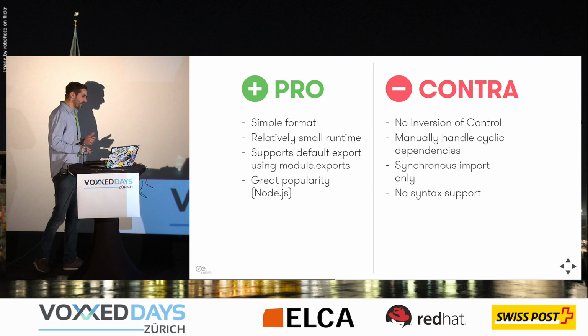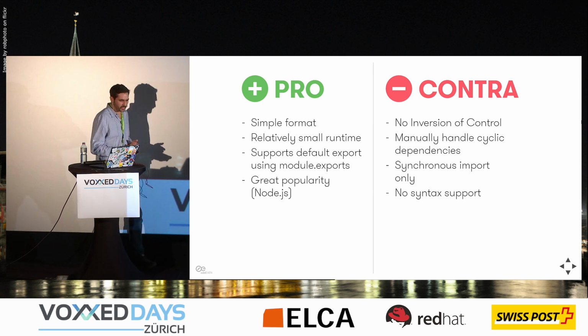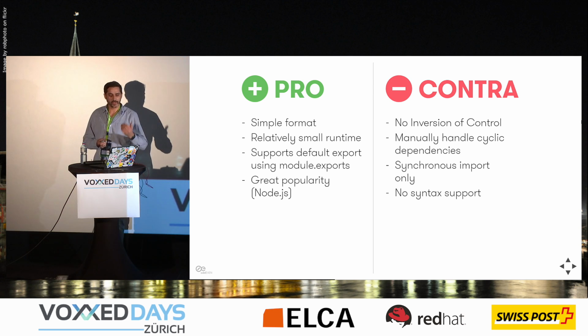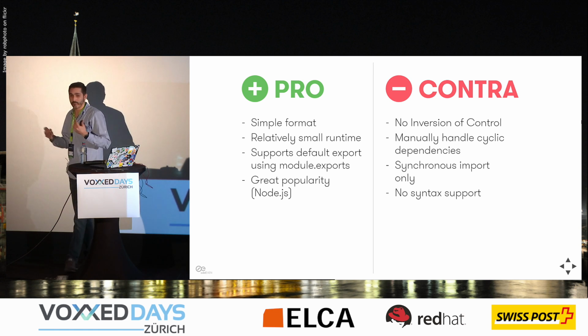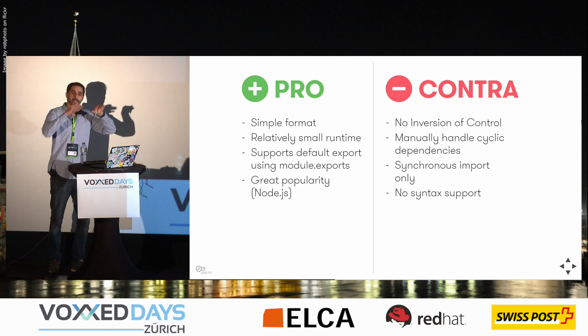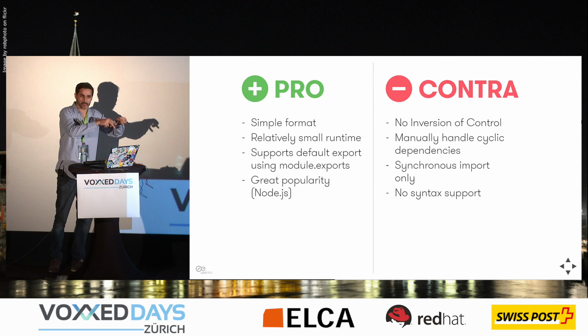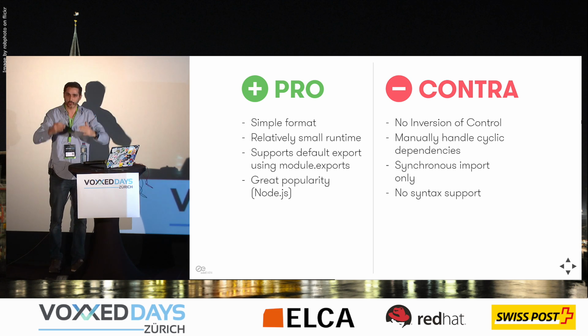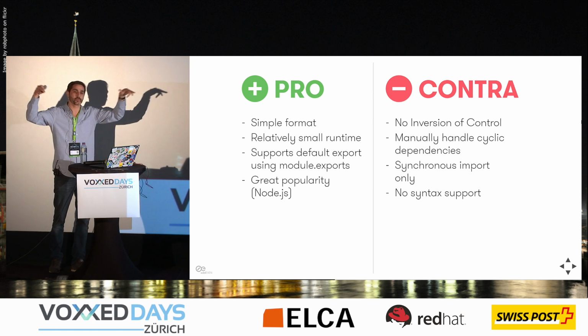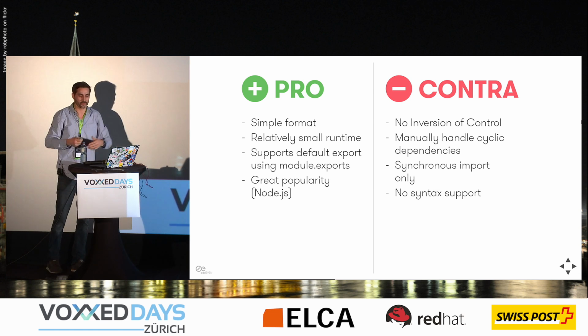However, the problem with CommonJS is that it is designed for synchronous operation, right? When you require something, it needs to be there immediately, right? So there is not even an inversion of control, because when you say require, it will just get into the other file immediately and execute in this other file. If you have other requires there, it will also get into these files and execute them on the go, right?